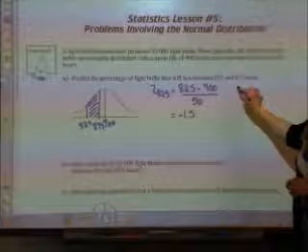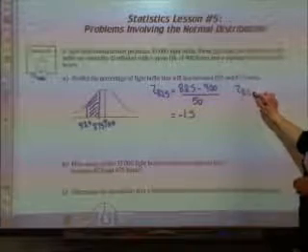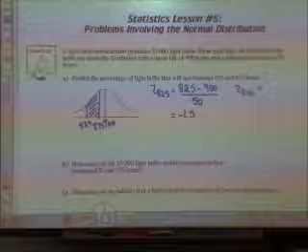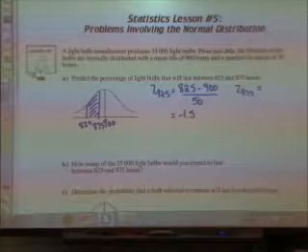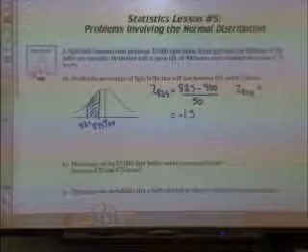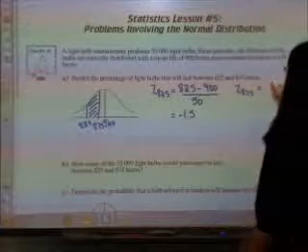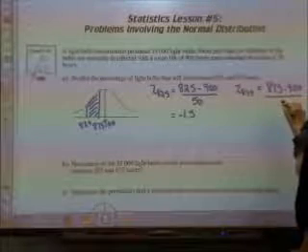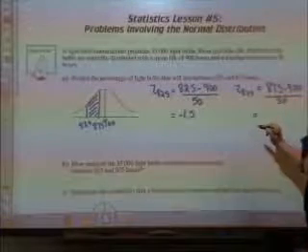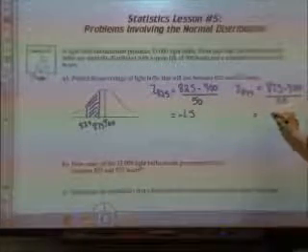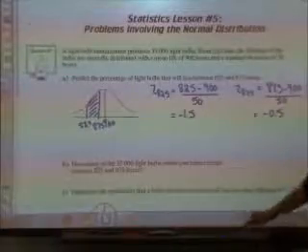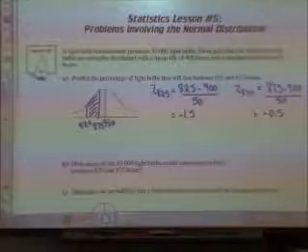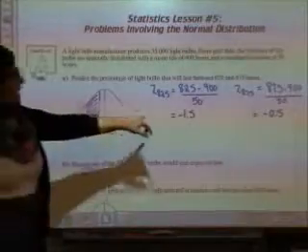So what I want you to do is calculate what the z-score for 875 is. So this one would be 875 minus 900 divided by 50. And what did you get, Lane? Negative 0.5.